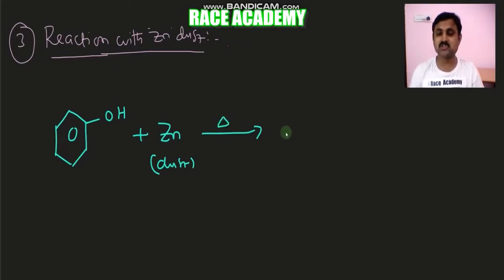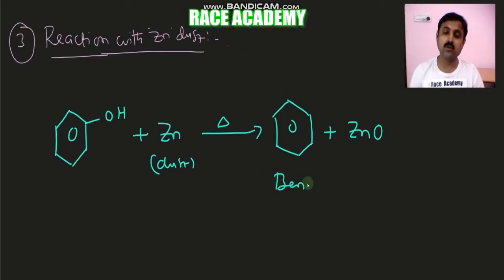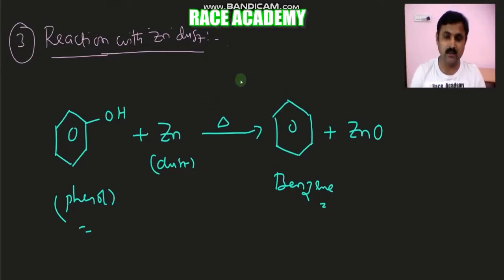Zinc takes away the oxygen from phenol and converts phenol into benzene, indicating that zinc is reducing phenol, and zinc forms zinc oxide. The compound formed is now called benzene in this reaction. The starting material we have taken is phenol. Okay, this is another reaction which comes under the OH group involvement in phenol chemical reactions.